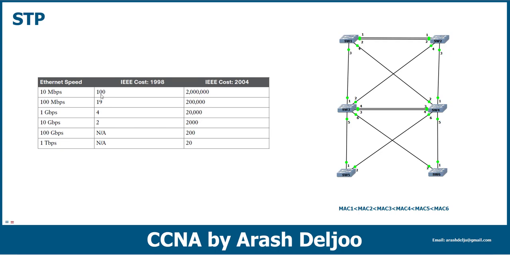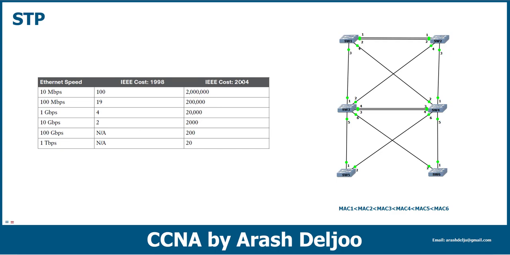You learned about it, and after that 100 megabit per second is 19, 1 gigabit per second is 4, 10 gigabit per second is 2, and for 100 gigabit per second and 1 terabit per second this is not applicable. Why? Because in those days we didn't have interfaces with more than 10 gigabit per second bandwidth. But today we have more bandwidth on one interface.